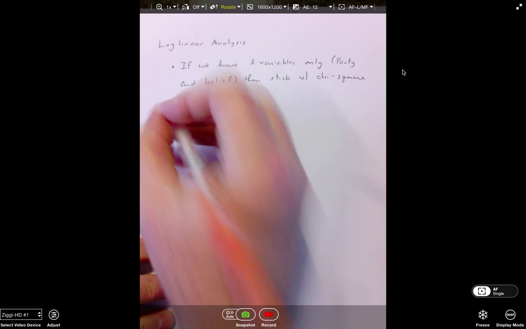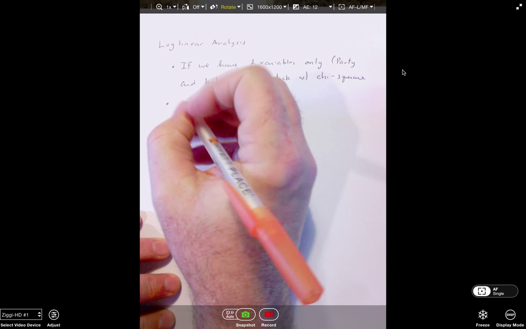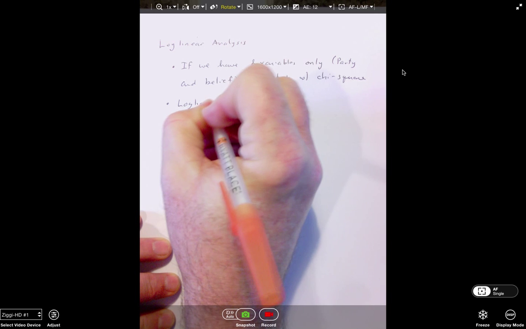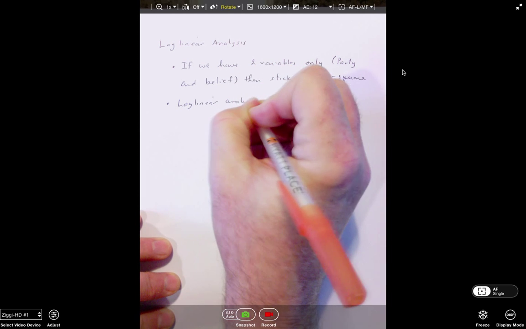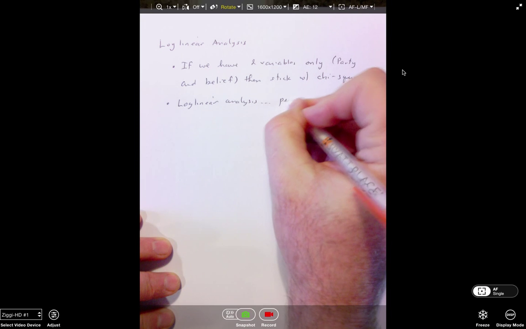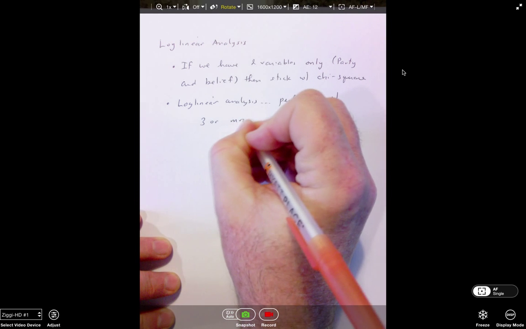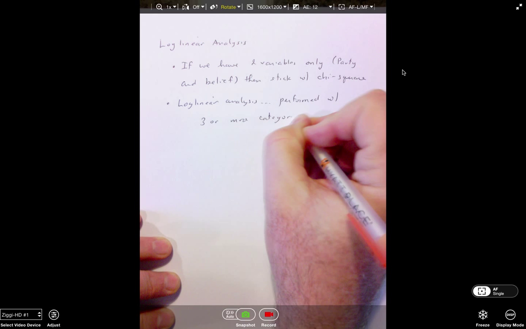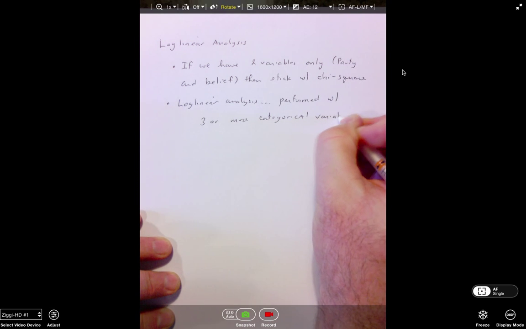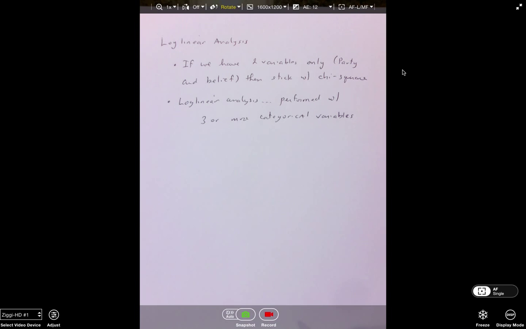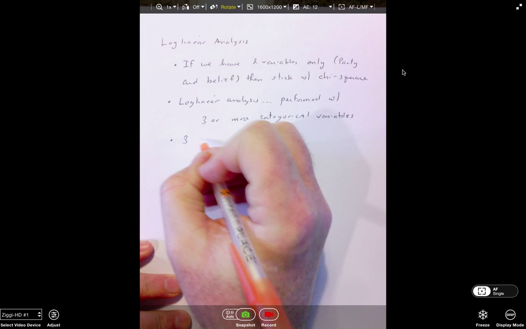There's just less going on. So what we're doing from here on out, this log linear analysis, is performed with 3 or more categorical variables. Now these things get really, really ugly when you get into 5 and so on, but it's actually doable. So guys, what we're doing here is we're working with 3 categorical variables.